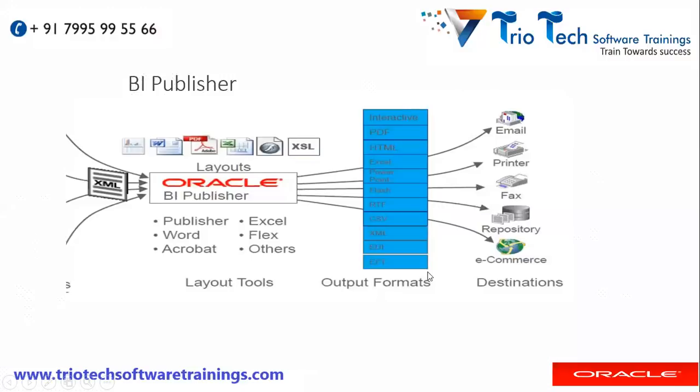Now, not only restricted to the output format, if you have a requirement to flow these output formats to various emails, if you want various emails to be triggered with the data which is fed over here, you want this directly printed out as a hard copy, or you want to fax it, or store it at some local server or any other destination, you want to burst out these details in certain layouts, then the BI Publisher tool can take in some data, create a layout, generate an output, and deliver to certain destinations wherever you want.